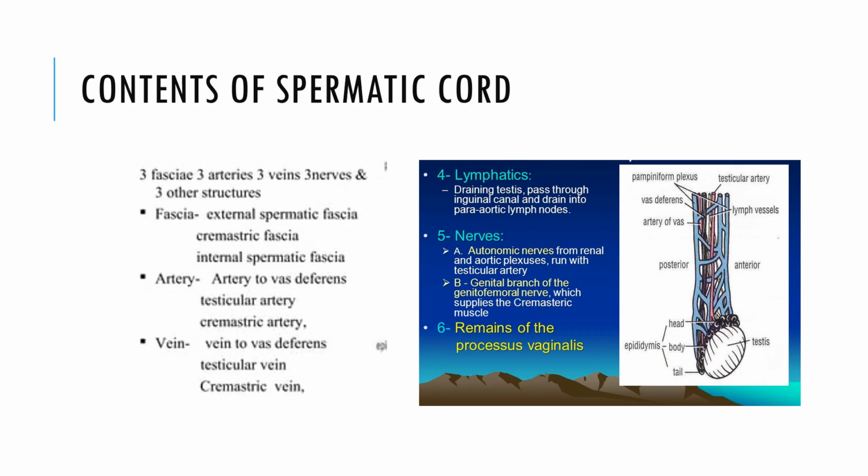The overall most common hernia is inguinal hernia itself, but femoral hernia is more common in females. But if you ask which is the most common hernia in females, it is again inguinal. Only that femoral hernia is more common in female. Just wanted to add that point. So overall most common both in male and female, it is inguinal hernia.